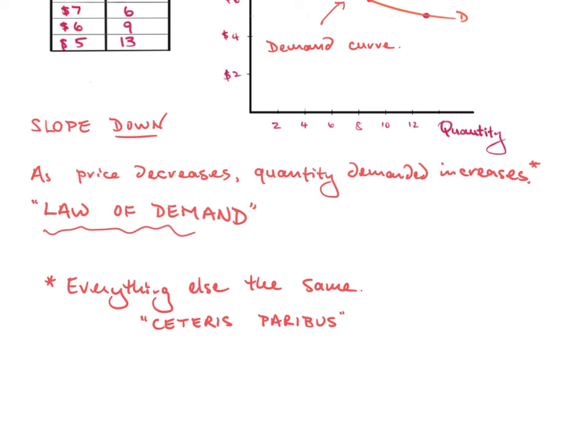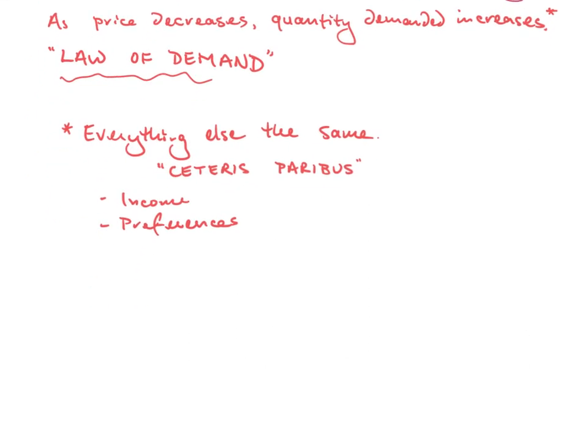What we're talking about is assuming that if we're not changing income or preferences, these are the kinds of things that we're assuming don't change. As long as we're comparing two scenarios where people have the same income, same preferences, same expectations, and a handful of other things. Income and preferences are the big ones.